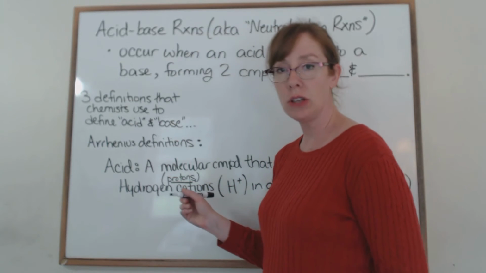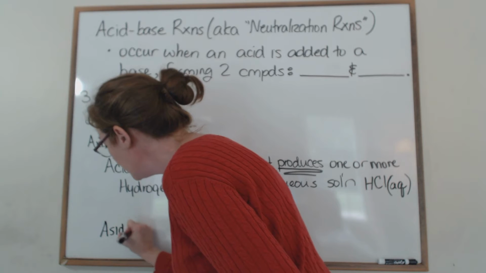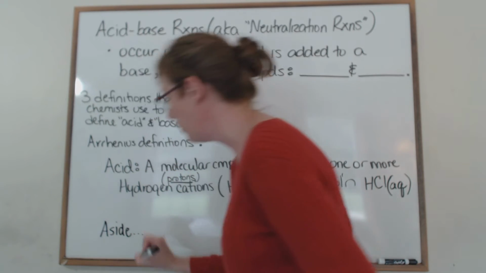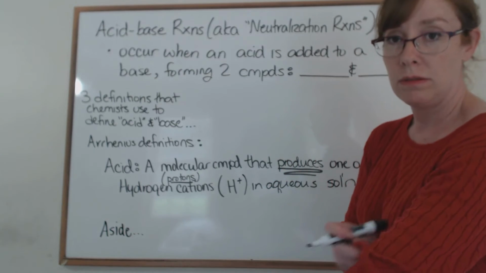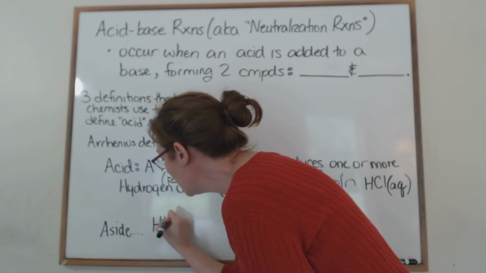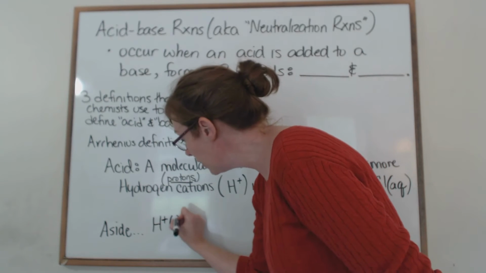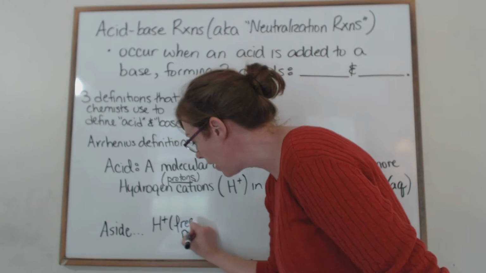Let's go ahead and talk just one more kind of, I'm going to call this a little aside. This is just a little nugget of info about this topic here. That H+ species, which we know is a proton, really a free proton, is floating around in the water.